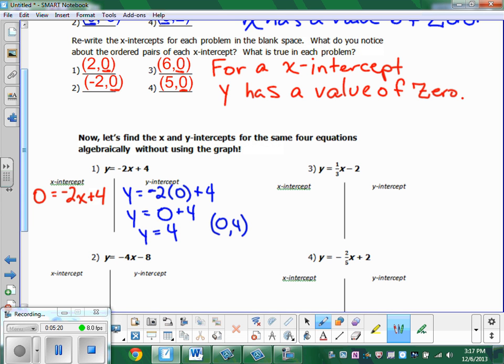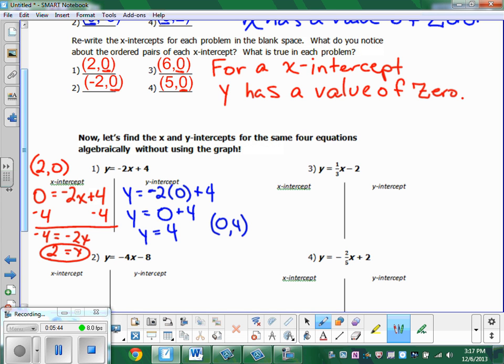Pause the video and attempt to solve this equation. As you solve this, you'll get that x is equal to 2, which means that our x-intercept was the point (2, 0).